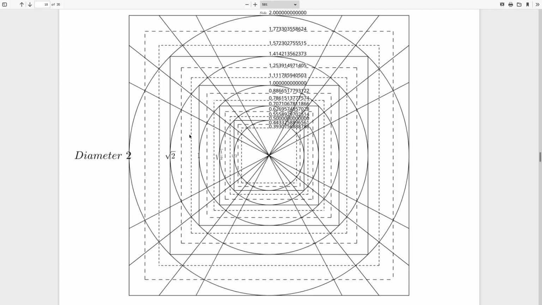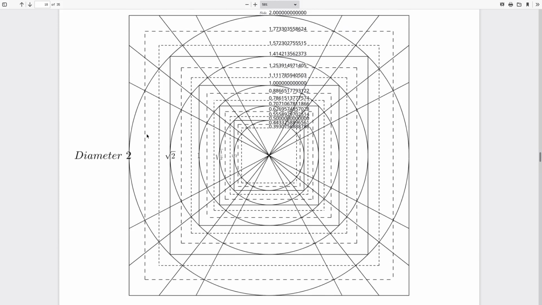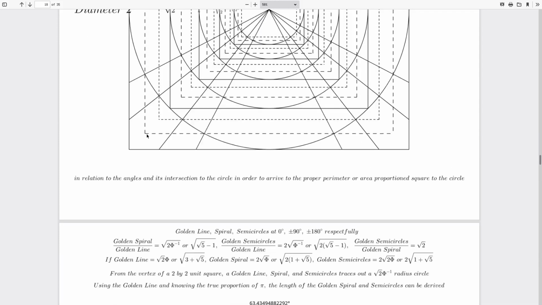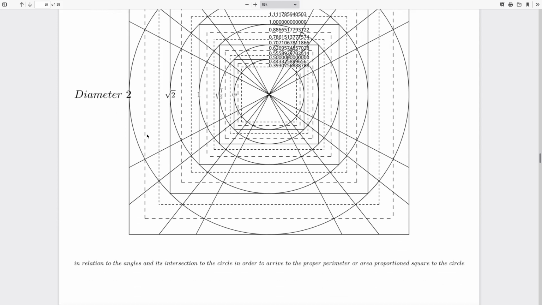So there's an intricate relationship that the square has to the circle, and vice versa, and they're inseparable in a sense, in a specific geometry.